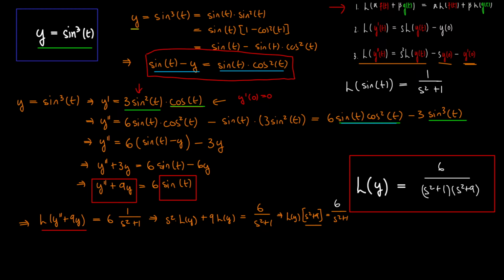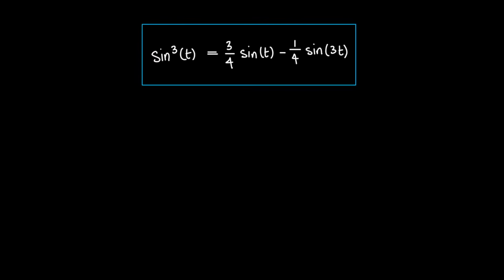All right, let's now take a look at an interesting little observation here. So we just computed the Laplace transform of sine cubed, right? And then there's this weird formula given here, a trigonometric identity. I just want to show you how this formula can be obtained using Laplace transforms.